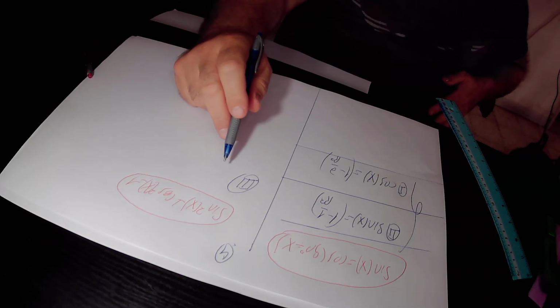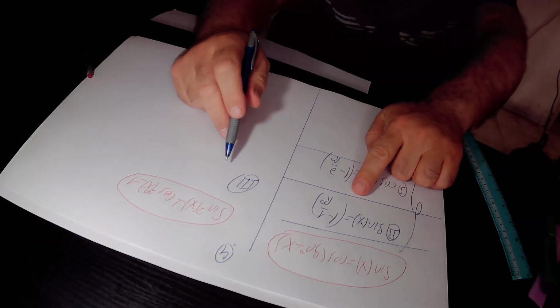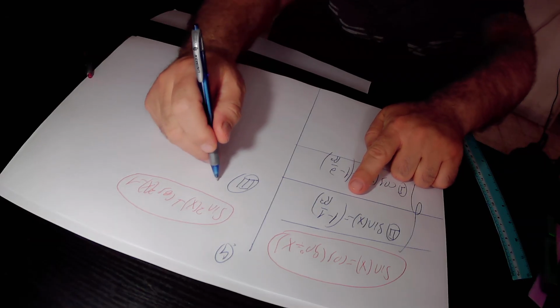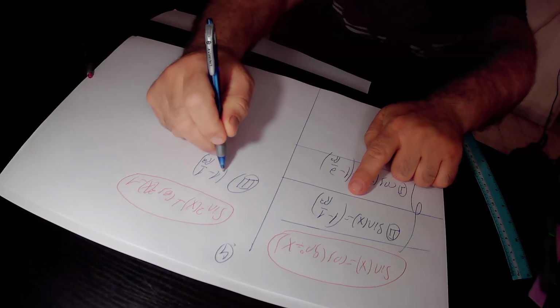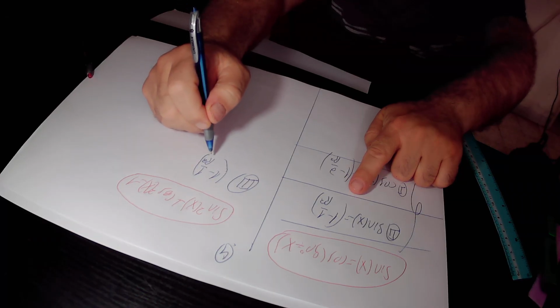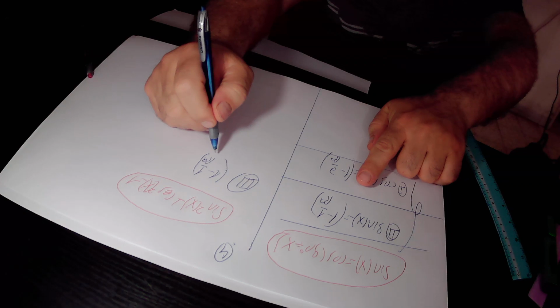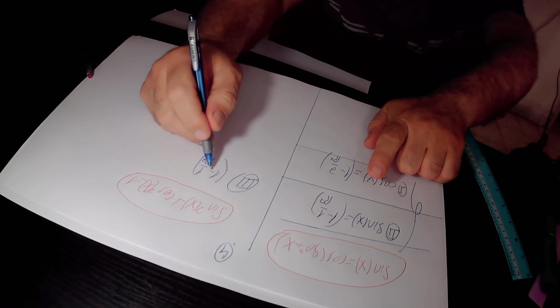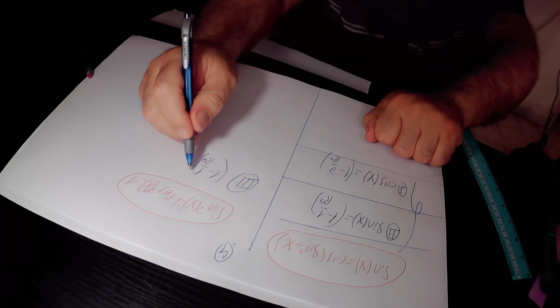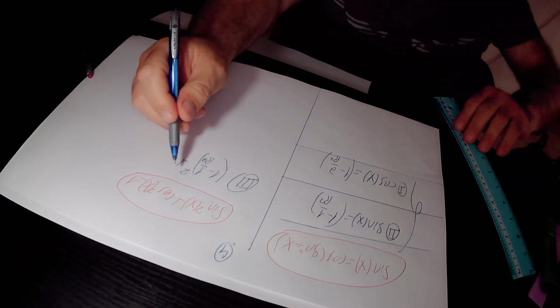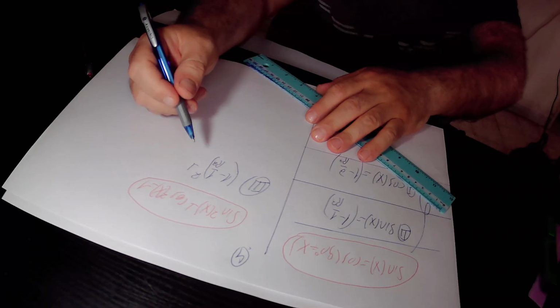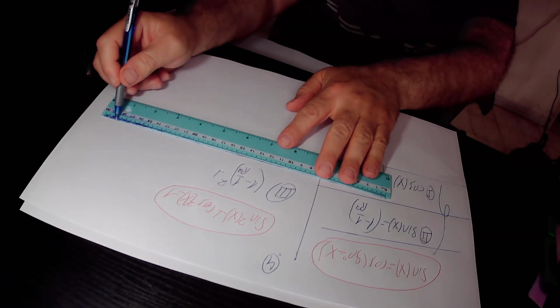So we know that sine x, according to equation 2, equals 1 minus 1 over r squared. It means that sine squared x will be equal to (1 minus 1 over r squared) squared, plus cosine squared x.